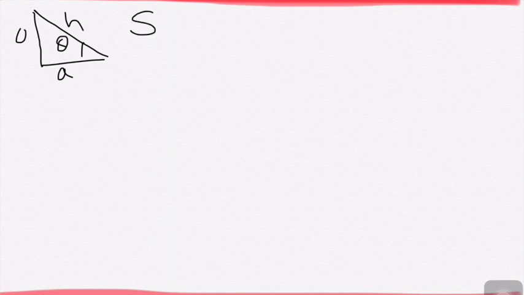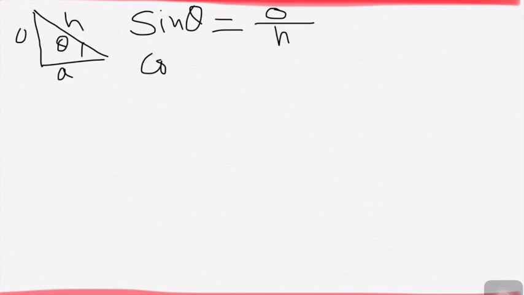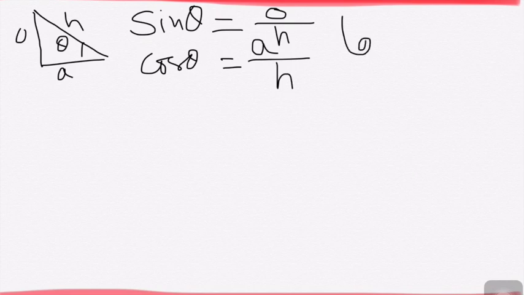We have learnt that sine theta is opposite by hypotenuse, cos theta is adjacent by hypotenuse, and tan theta equals opposite by adjacent.